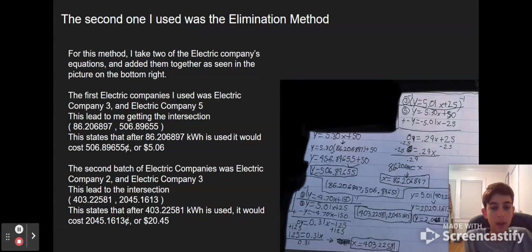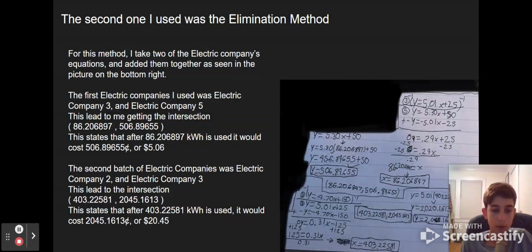The second batch of electric companies was Electric Company 2 and Electric Company 3. This led to the intersection 403.22581, 2045.1613.